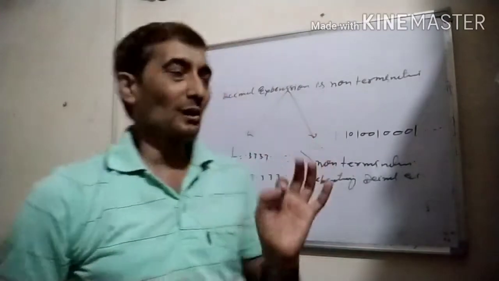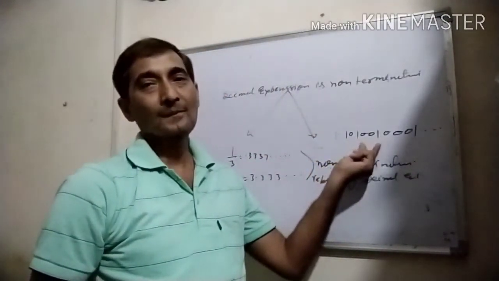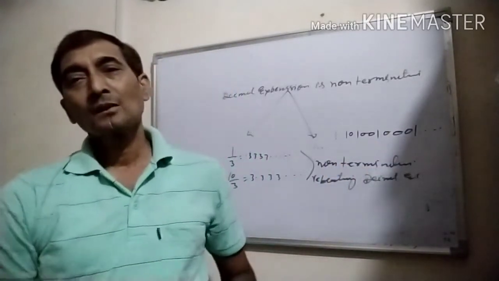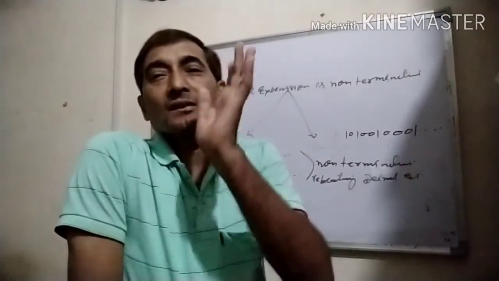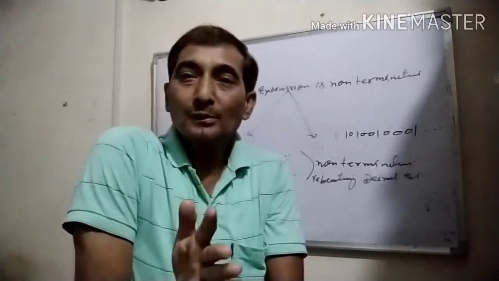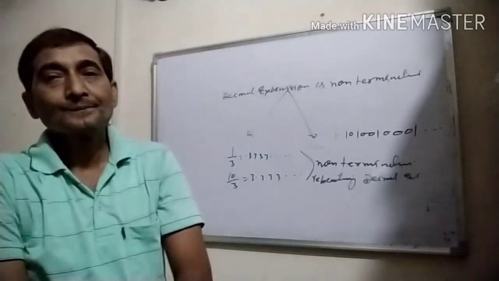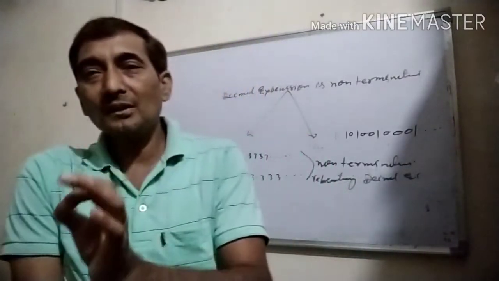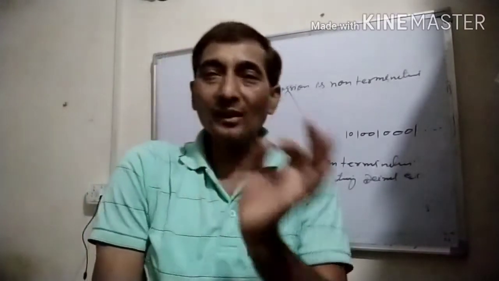The place of the digits is not fixed in this quantity, so it cannot be converted into the form of P upon Q. So this type of number is an irrational number, not a rational number, and it is called non-terminating, non-repeating or non-recurring.